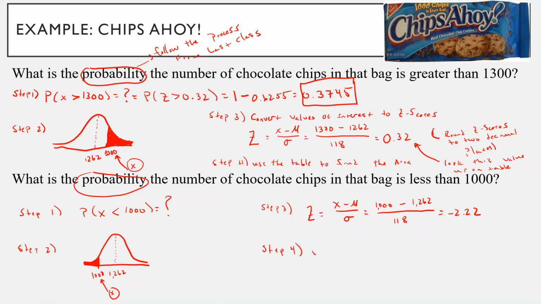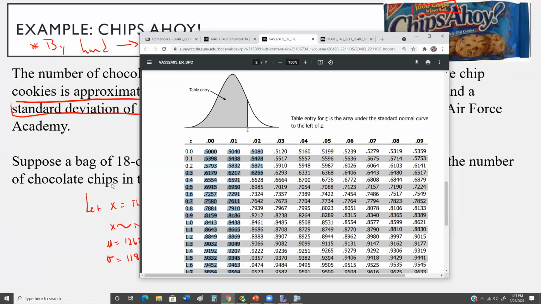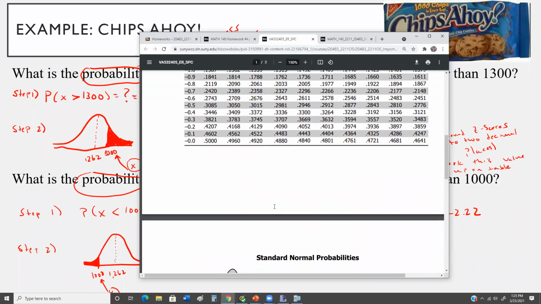And then now you're ready to use the table. So it's the probability that a z-score is less than negative 2.22. For these left-tailed problems, this is the easiest one you can get. You can just read this right off the table.